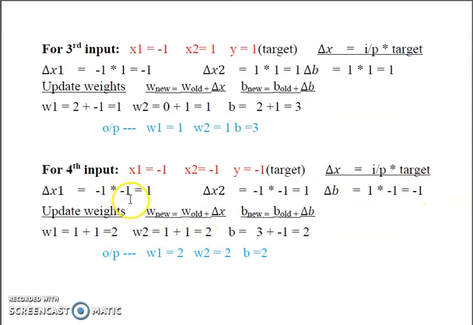When you add these delta values to the weights, we get W1 is equal to 2, W2 is equal to 2, and B is equal to 2. So this is the updated weight which you have got, and it is considered the final weights that give the correct output for the OR gate. So this is how we implement it. The implementation of the Hebb network will help you find the solution for the OR gate.